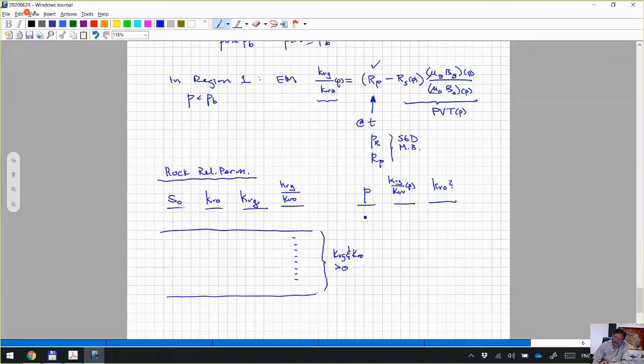So what you do is that at this pressure here, let's say this is the bubble point pressure, 4,000, you go to 3,500, and you calculate at 3,500, this is equal to 0.03, the ratio. So you go into this 0.03 here, and you find 0.03, and you go across here, and you get your KRO, okay? All right.